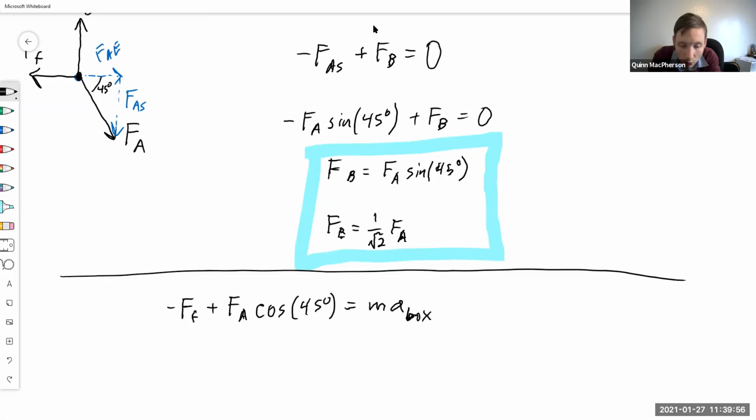We know force Alice, we know the angle, we know m, we know a box. Those are all given values. We are just trying to solve for force friction. Moving terms to the other side, force of friction is equal to force Alice cosine of 45 degrees minus m a box.